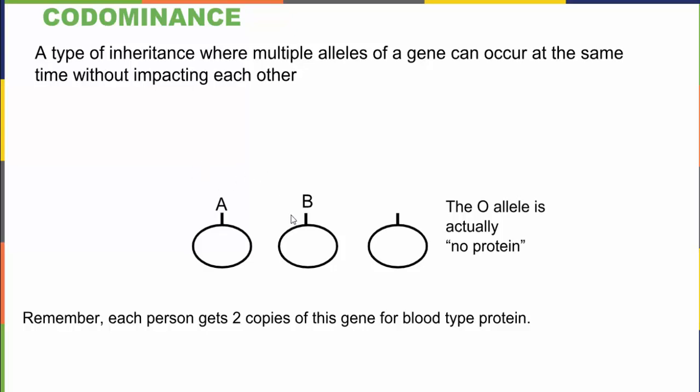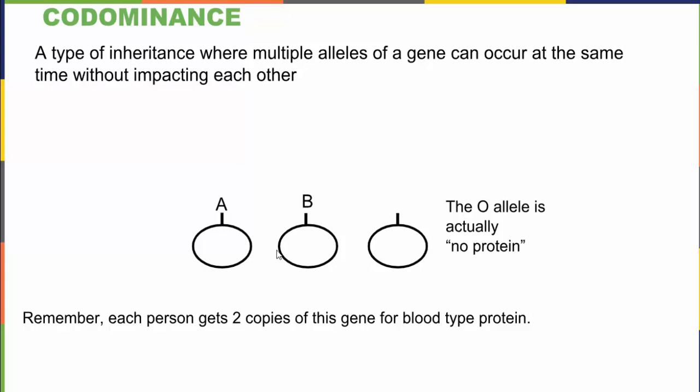And there's 3 different alleles for this. Either you can have protein A on the surface of your blood cells, you can have protein B on the surface of your blood cells, or you can have no protein on your blood cell, which is called the O allele. Okay, it's not an actual protein, it's just the absence of protein.